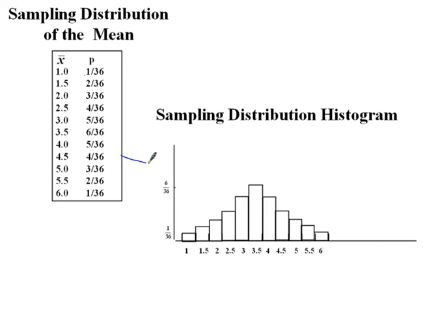Well, what I did is I took those possible outcomes, I put all the averages on the x-axis, and I put the probabilities on the y-axis, and I got myself a histogram. Okay. So each of these rectangles stands for the area, the probability, of that possible average.